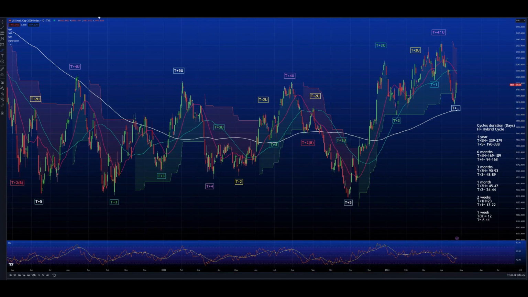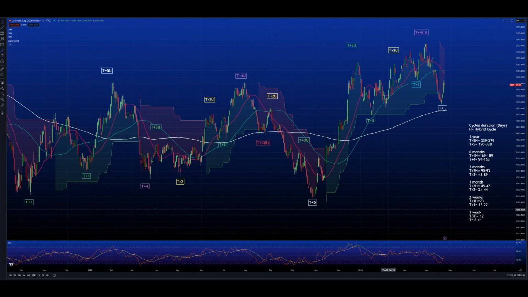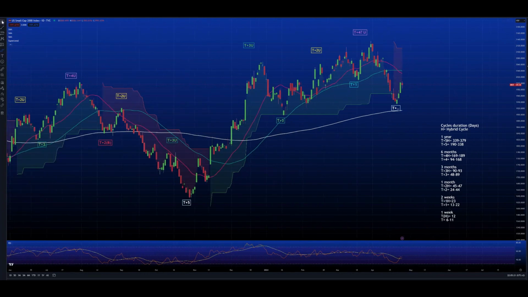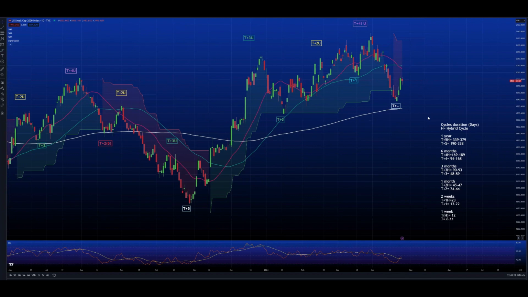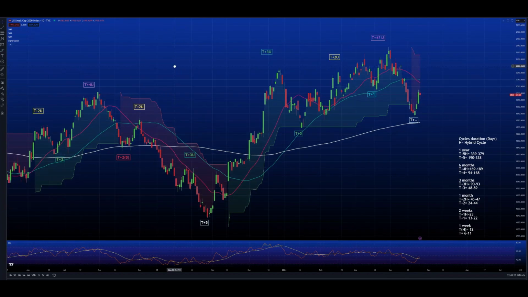Now, what is important to understand is what is happening or what has happened since March 2024. And here we zoom in. So first of all, let's try to understand at which point in time we are considering the downward cycles.